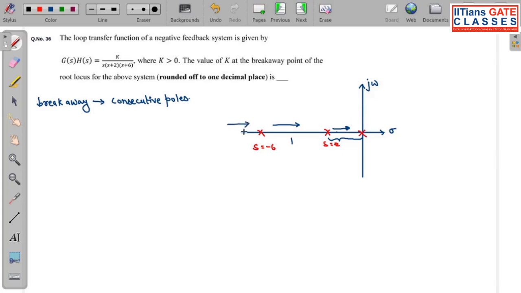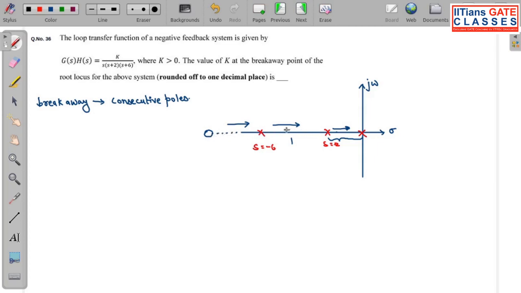And if we see this region, here we have three poles. But why will we not have our breakaway point in this region? Because this terminates at infinity or a virtual zero. So this root locus is in between a pole and a zero, and whenever it is in between a pole and a zero, there will not be a breakaway or break-in point.